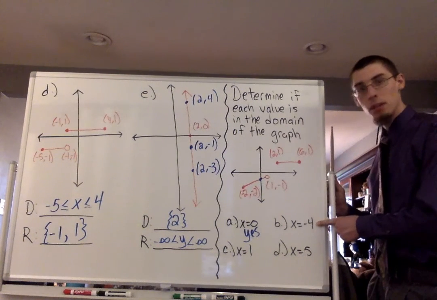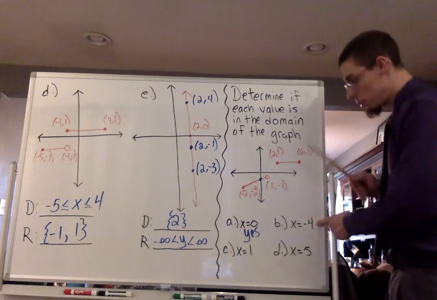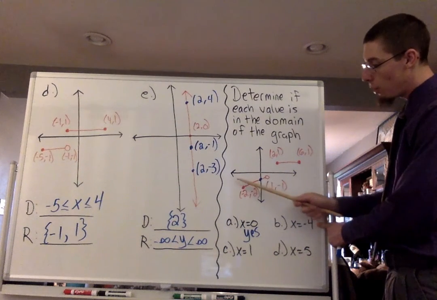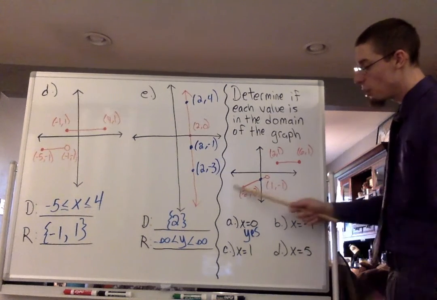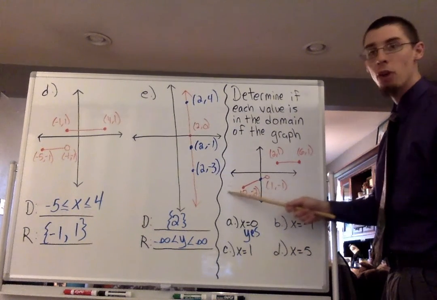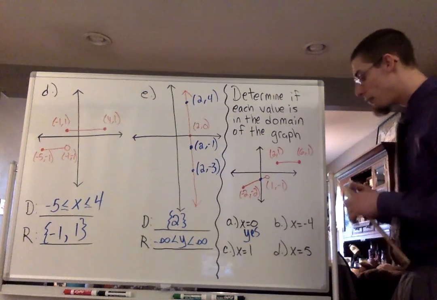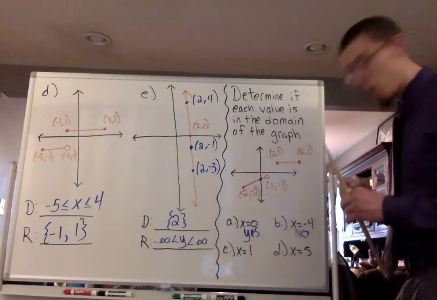Now the next number is -4. Well, if this point's -2, wouldn't that mean -4 is somewhere over here? And do you notice that there's no part of the graph over here? That means -4 is not in the domain.